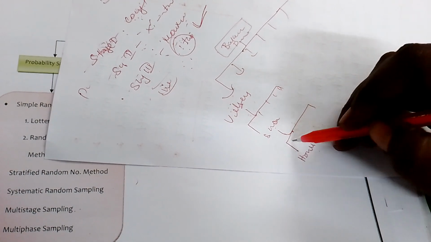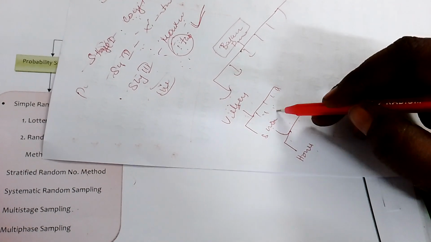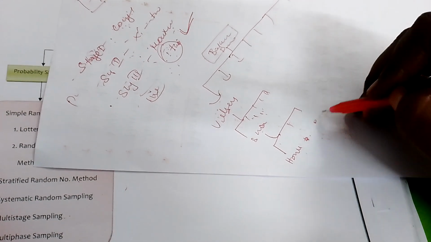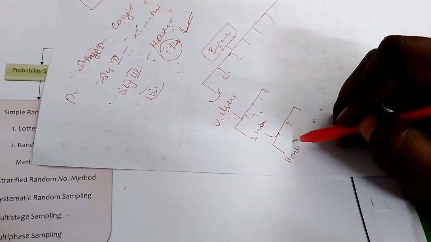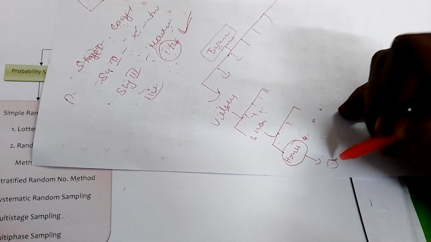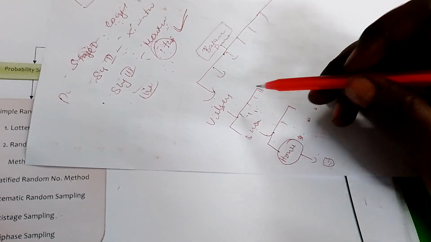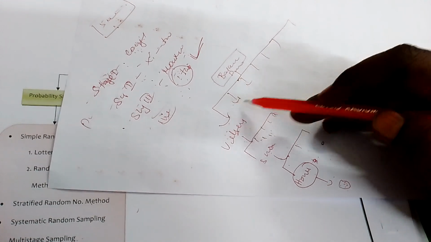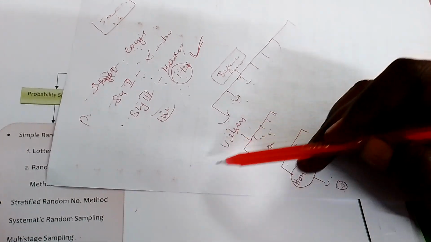From each street I take one house, and I select who is in that one house, based on the fund allotted. So I am going to cover the whole Bankura district. This is called the multi-phase sampling technique.